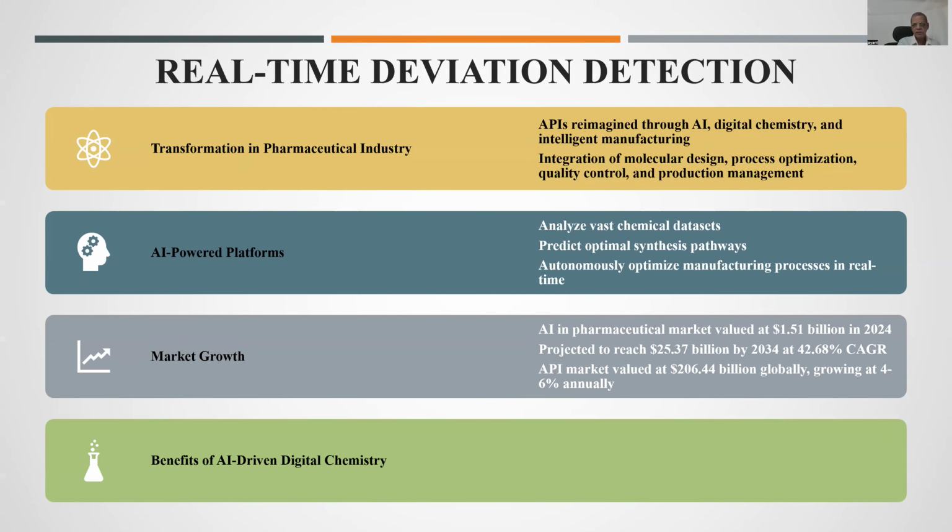Now, how this real-time deviation detection can help the pharma industry or API manufacturing, let's look at that angle also. API reimagined through artificial intelligence, digital chemistry, and intelligent manufacturing. Integration of molecular design, process optimizations, quality control, and production management. All that data can really get compiled.